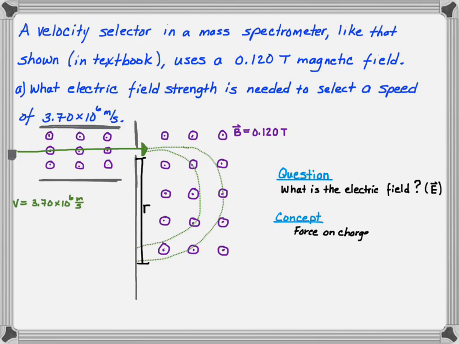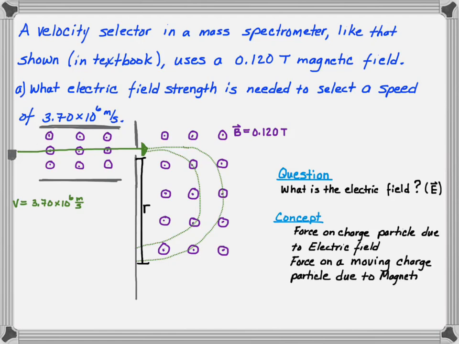The concepts I'm going to use are the force on a charged particle due to the electric field, and the force on a moving charged particle due to a magnetic field. We're going to use these two concepts to solve this problem. The force on a charged particle due to an electric field is F equals Q times E. This is the electric force.